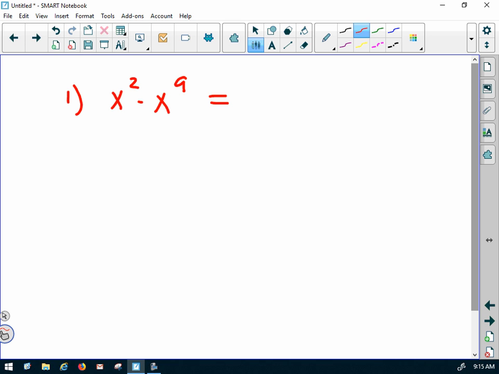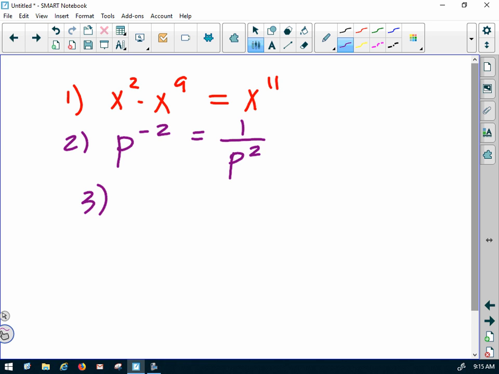Number 1, what's x squared times x to the 9th power? X to the 11th power. Number 2, p to the negative 2 power. 1 over P squared. Number 3, x squared to the negative 3.